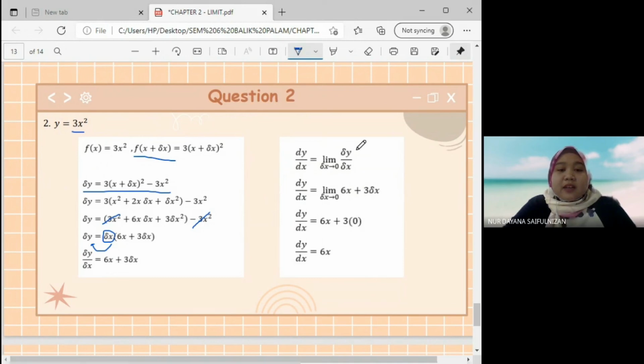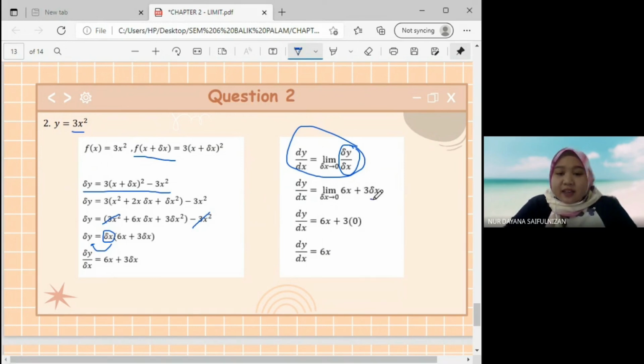Okay, here again, we use the second formula, and we already get the value of delta y over delta x. So we just substitute it in the function, and then we get dy over dx equal to limit of 6x plus 3 delta x as delta x approaching 0.